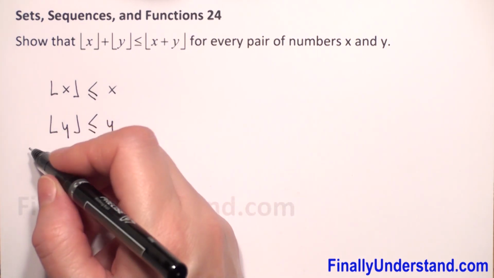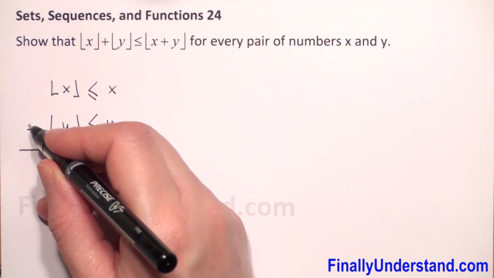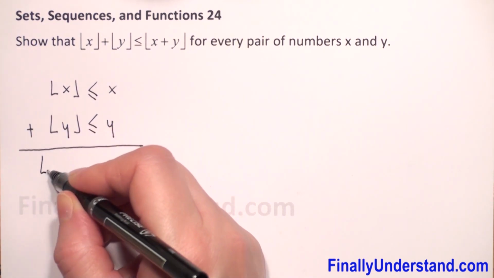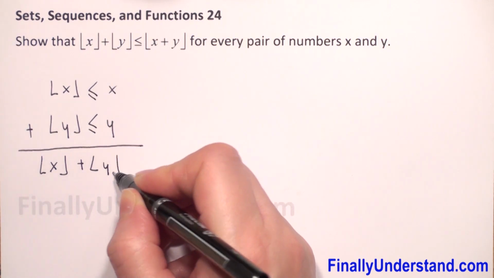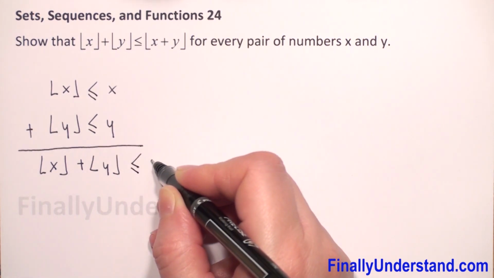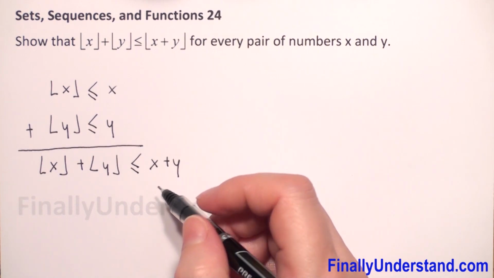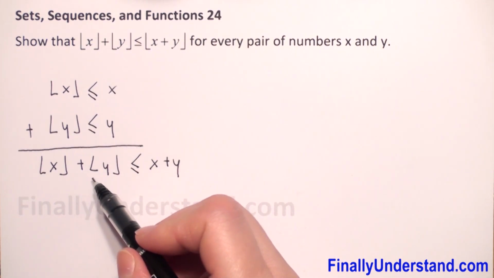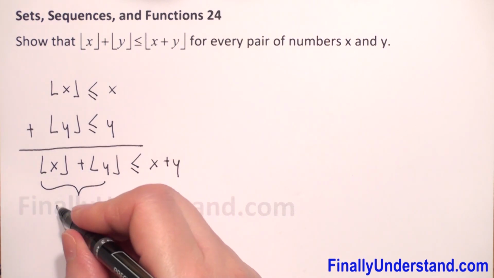So now we can add both sides, and we have that floor of x plus floor of y is less than or equal to x plus y. What else? Floor of x plus floor of y is an integer.